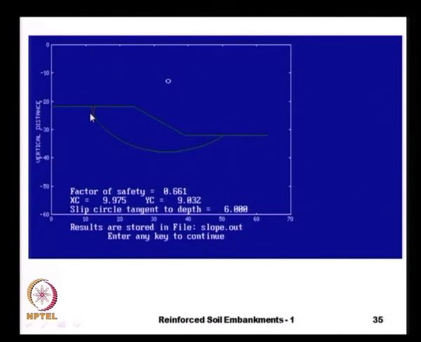The tension crack height, we know that this height is 2c by gamma square root Ka, and in this particular case the factor of safety is only 0.66. So, we need to bring it up to say about 1.3 or 1.4 by doing some trials and by putting in some reinforcement of different strengths or different locations.